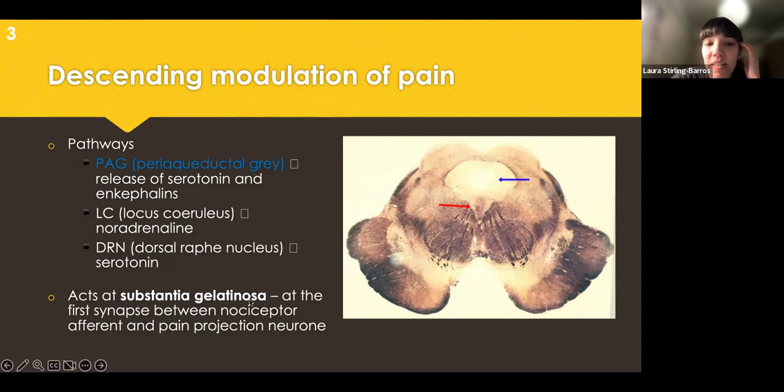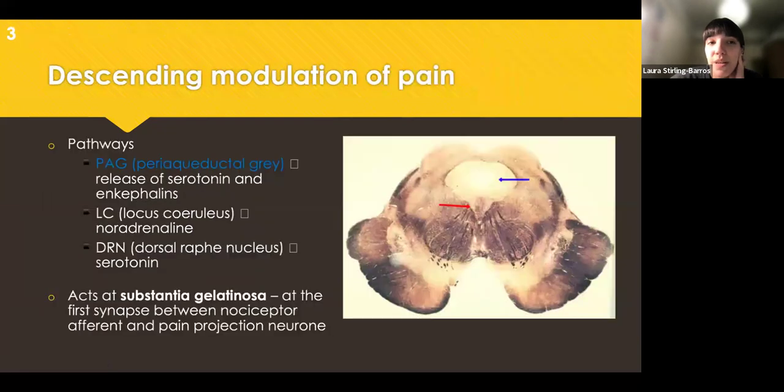And all of these act at the substantia gelatinosa. Just to recap, that's where the first synapse is, between the nociceptor afferent and the pain projection neuron going up the spinal cord. So it's where the first order neuron meets the second order neuron for the first time.